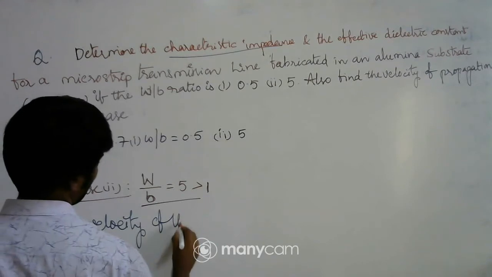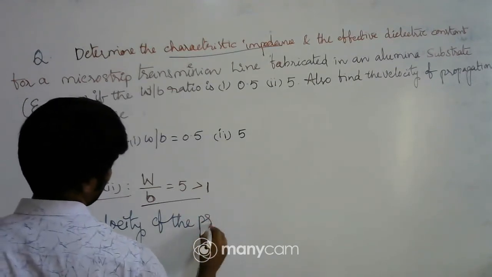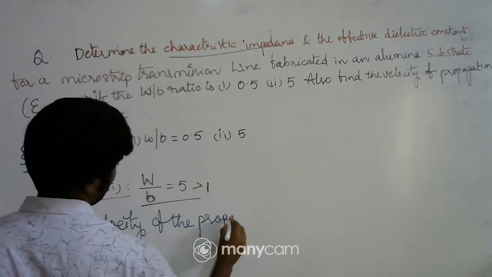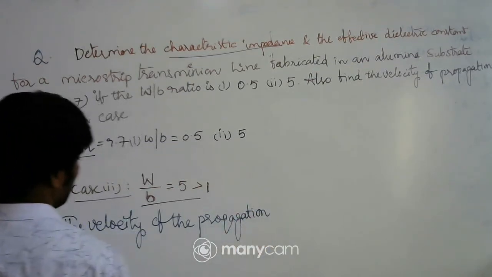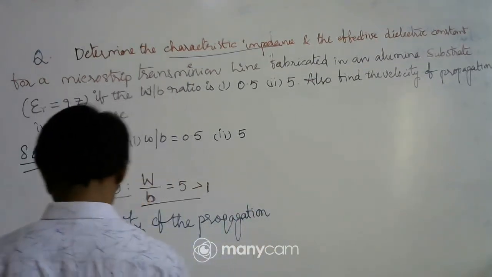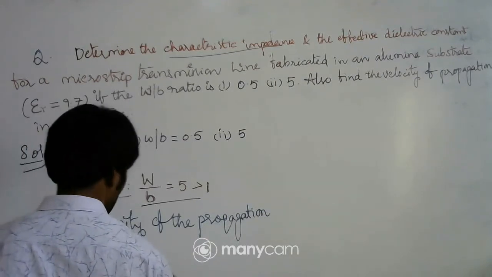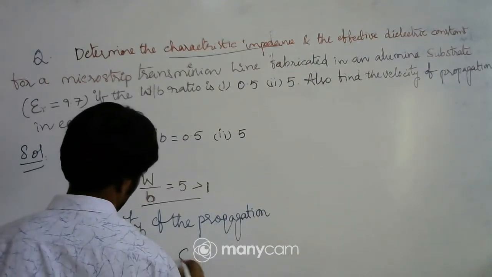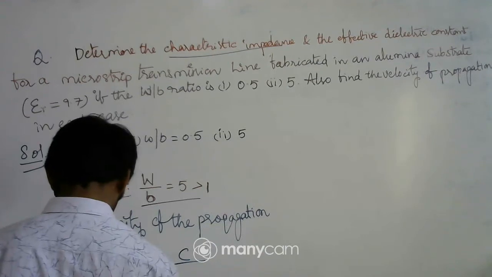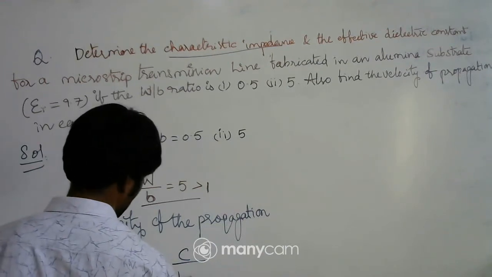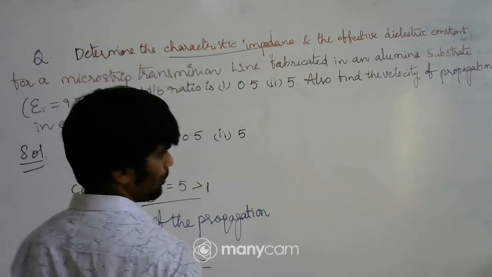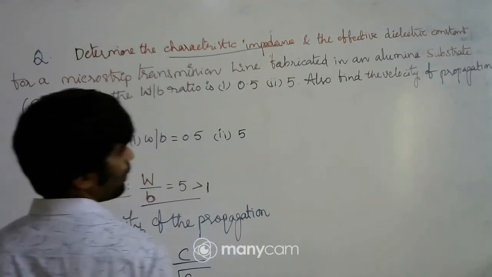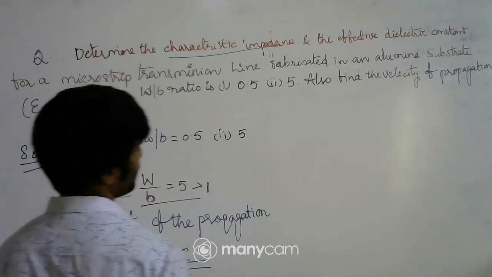The velocity of propagation: V is equals to C divided by square root epsilon effective, the square root of the effective dielectric constant.